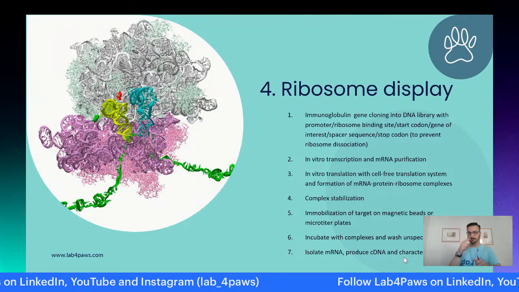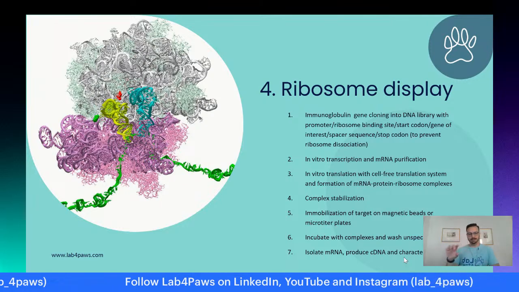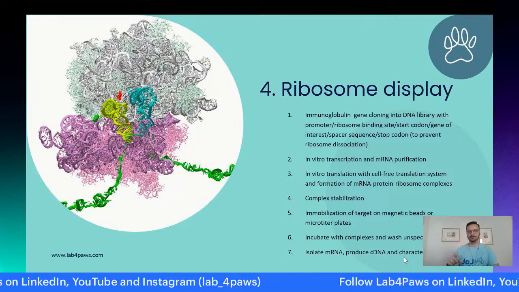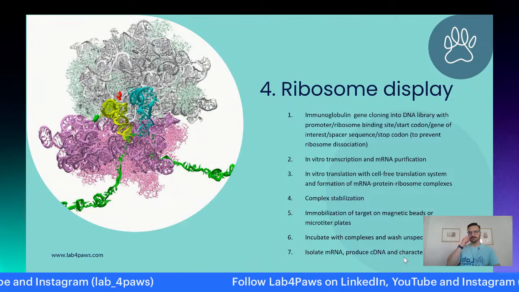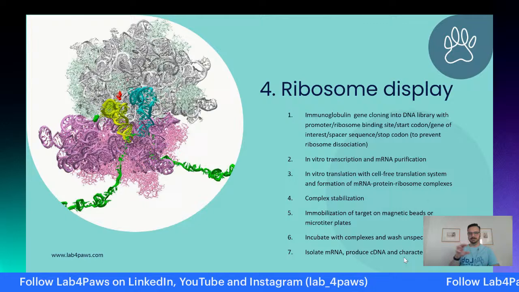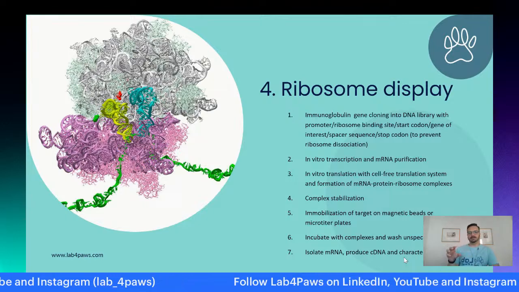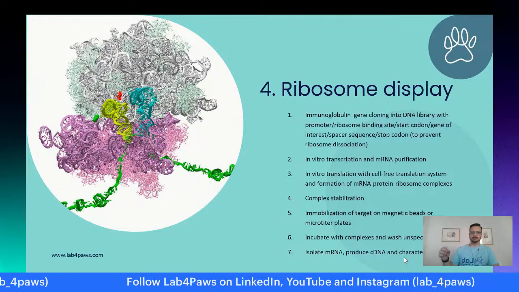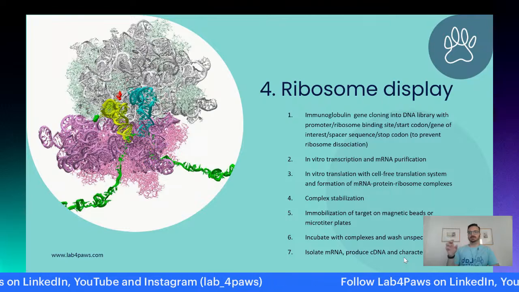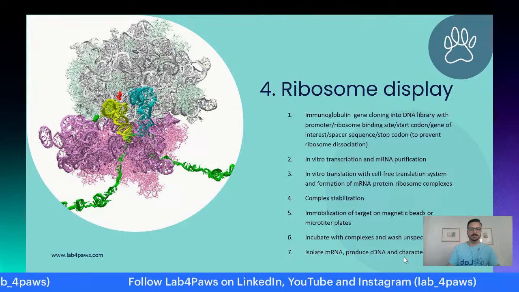This is really important for the technique, for the step afterwards, because we then take this DNA and transcribe it first in vitro, with a transcriptase. Then I will have my messenger RNA, and then I can make basically a cell-free in vitro translation system, incubating the mRNA, the ribosomes, and obviously the amino acids.